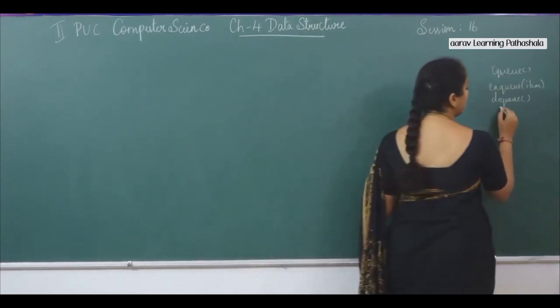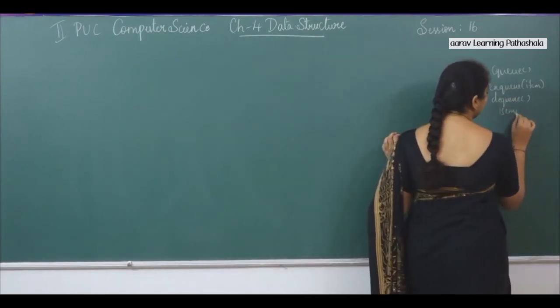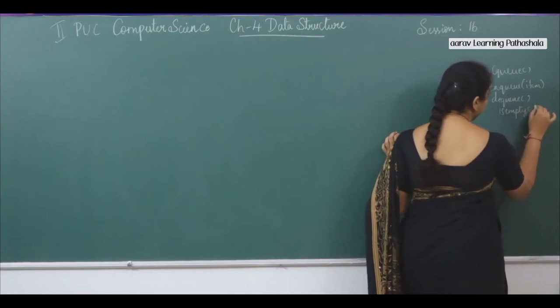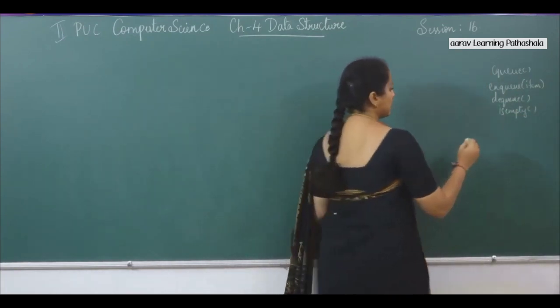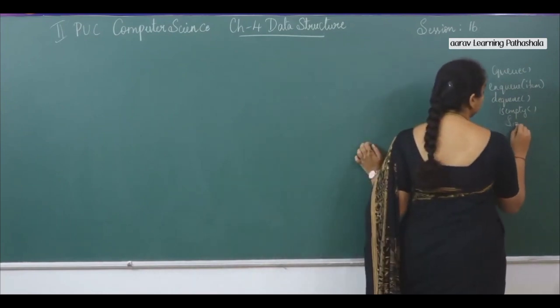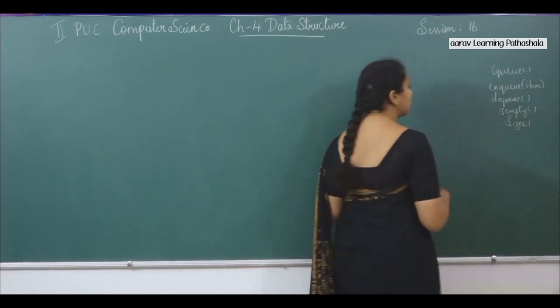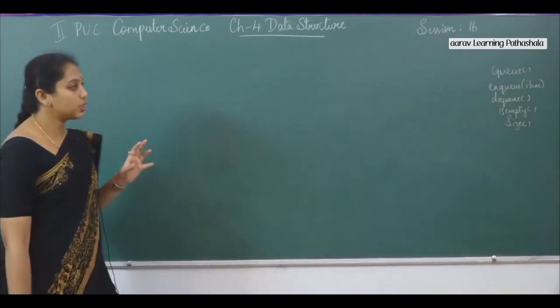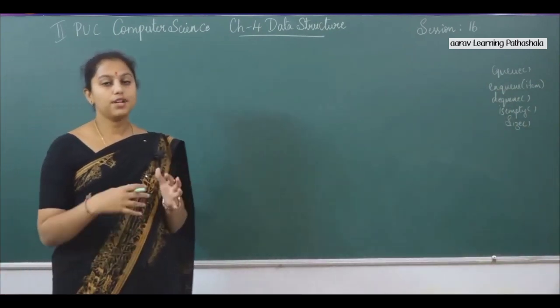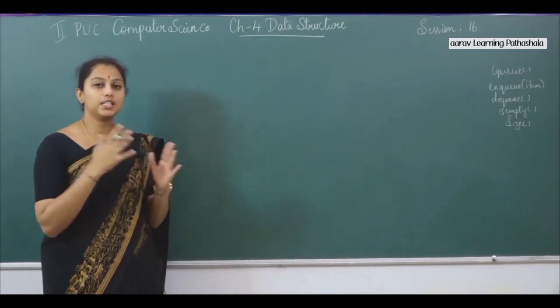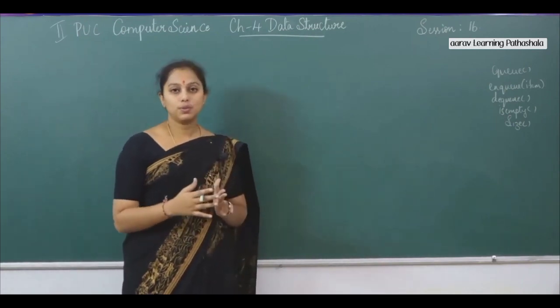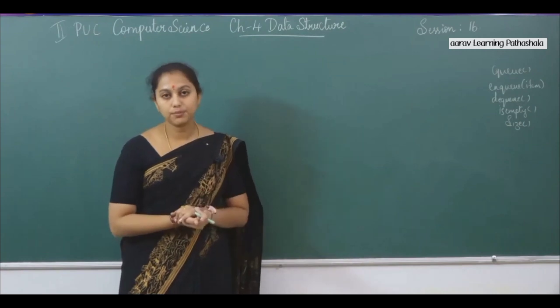The isEmpty function is used to check whether the queue is empty or not, and the size operation is used to return the number of items in the queue. In this program, we are going to first create an empty queue, then add an item into the queue, as well as remove an item from the queue.